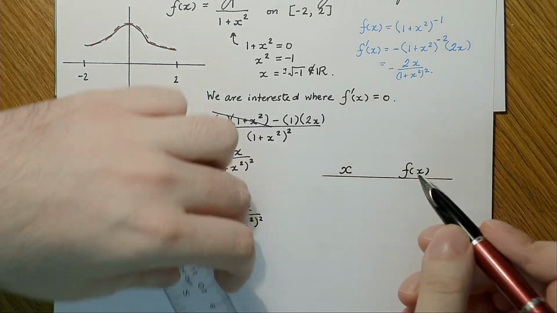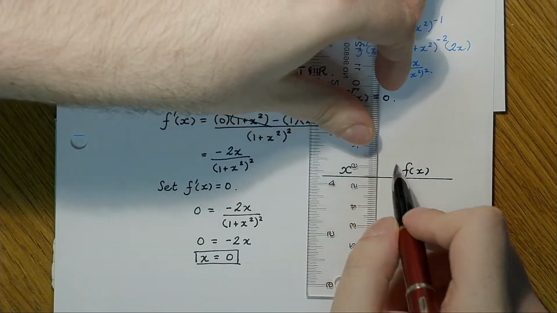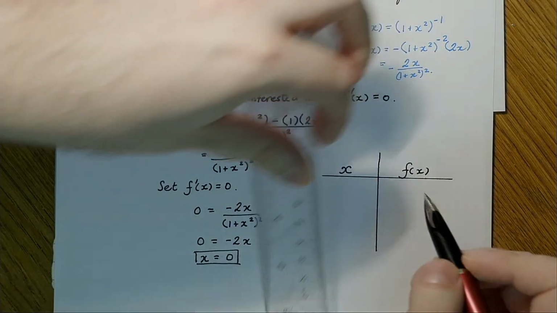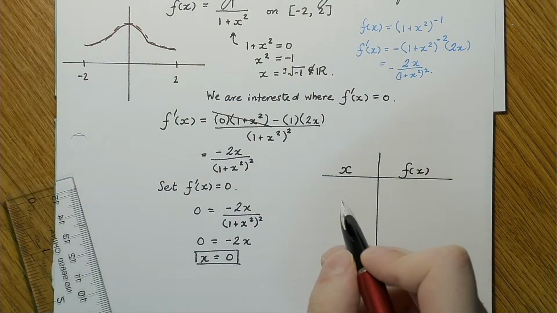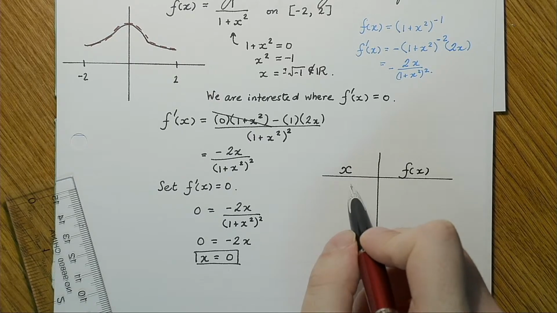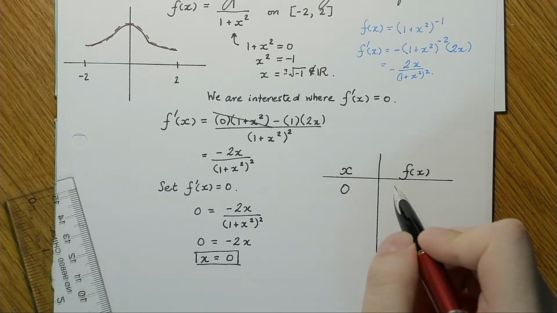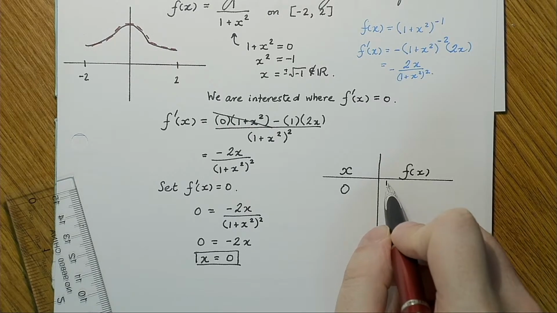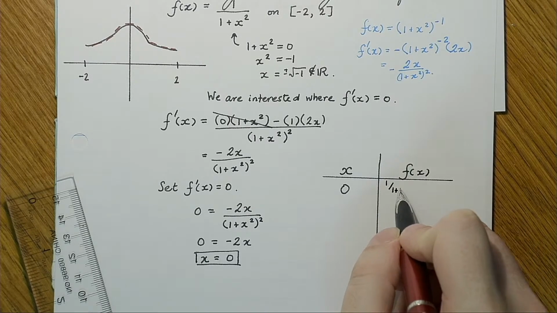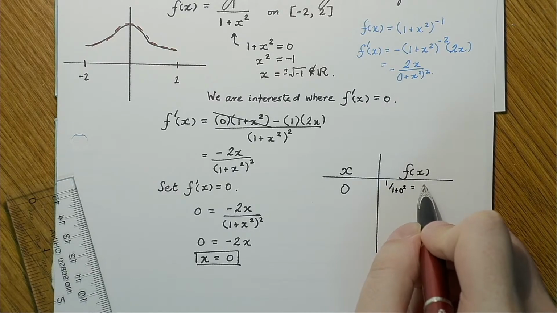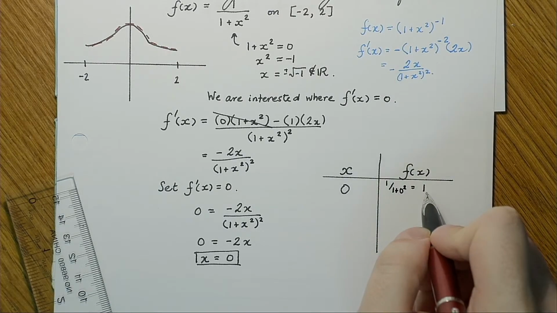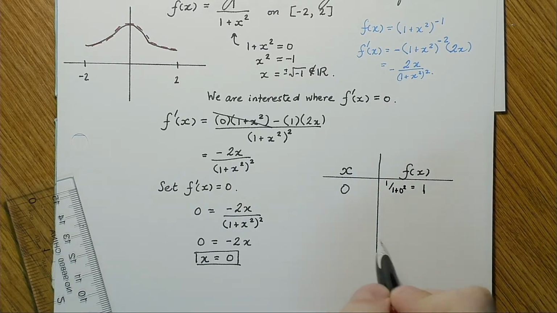And I have one value, so I have 0. If I plug in that value, that's 1 over 1 plus 0 squared, which gives me 1.